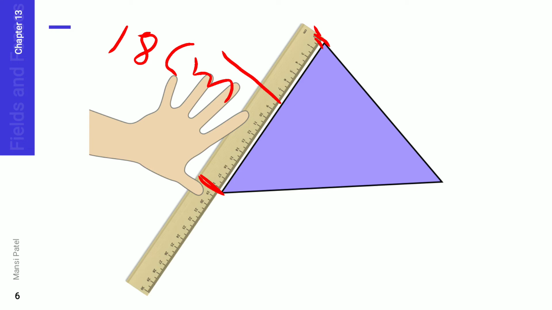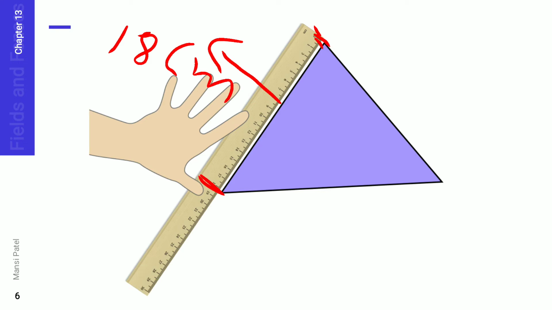One thing you have to remember is that whenever you find the perimeter or the area of any shape, you have to write down their units. Now, what is the meaning of unit? Unit means in which measurement we are measuring that shape. Either it's a centimeter, a meter or a kilometer, you have to mention it.